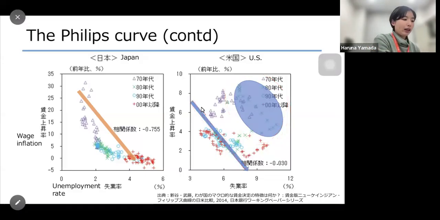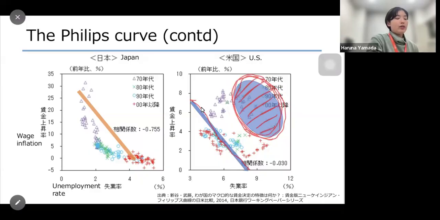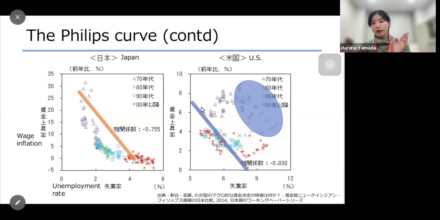So if we draw a line around here, then there is a region around here, which is far away from this line. Okay, this line is the Phillips curve, the negative relationship between unemployment rate and inflation.